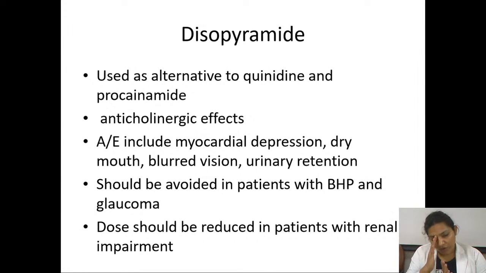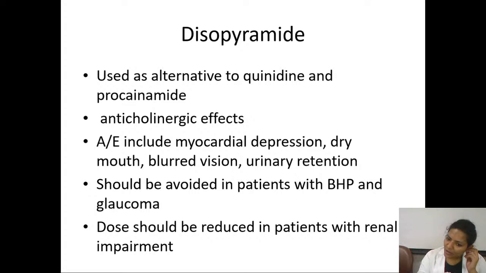Now, the next drug from the same category is disopyramide. Disopyramide is used because of the side effects of quinidine and procainamide. It is used as an alternative to both. It has anticholinergic effects. Adverse effects include myocardial depression, dry mouth, blurring of vision, urinary retention, etc. Disopyramide should be avoided in patients with prostatic hypertrophy and glaucoma, right?